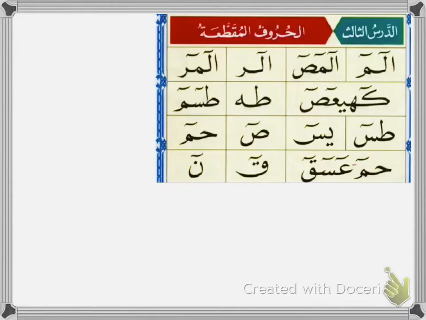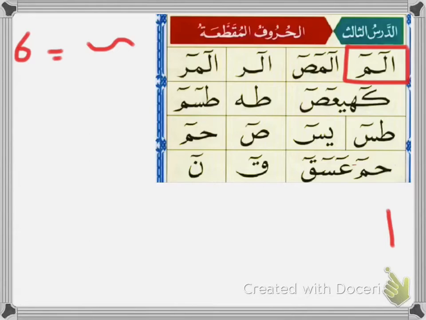Okay, first we'll start with this one over here. Every time we see this sign, we know it's Mad 6. Mad 6 means the length of the air here, we have to do it 6 times. So we have Alif.